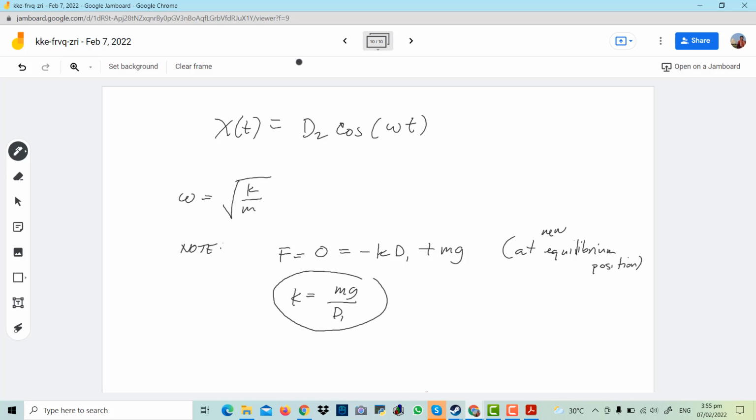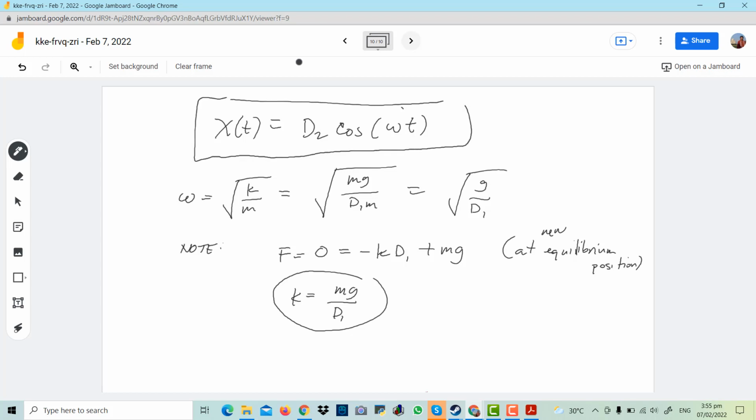Now we can solve for omega. Omega squared is equal to mg over d1 times m, so omega is equal to the square root of g over d1. So now I have the displacement.